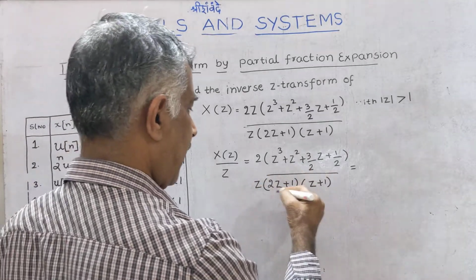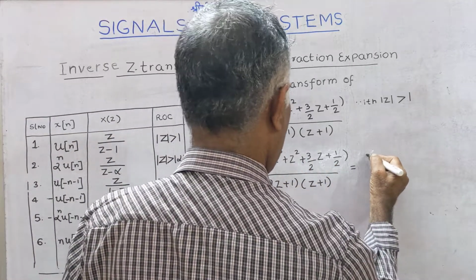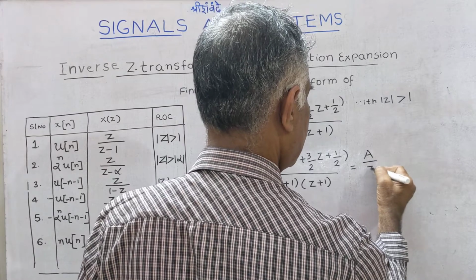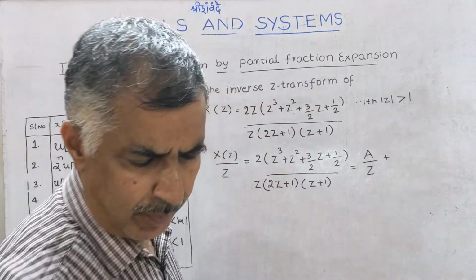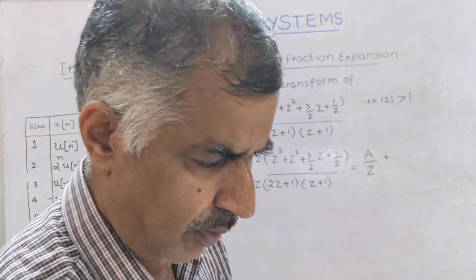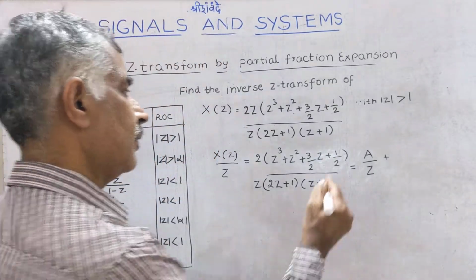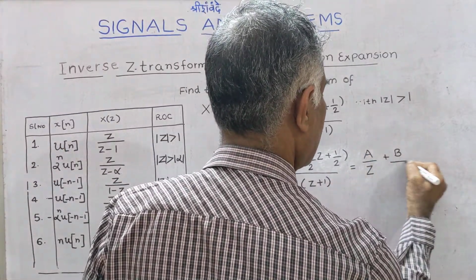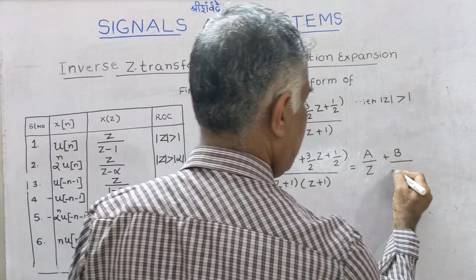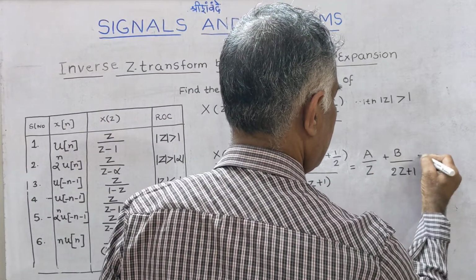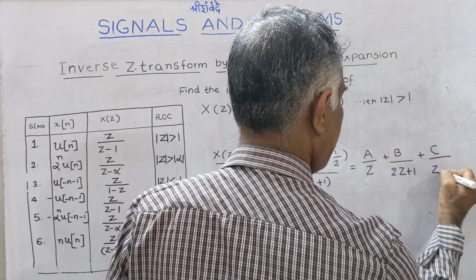Now I will write it as A by z plus B by (2z plus 1) plus C by (z plus 1).